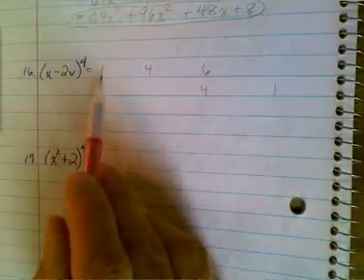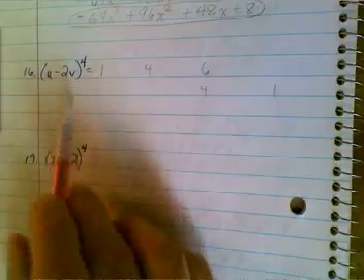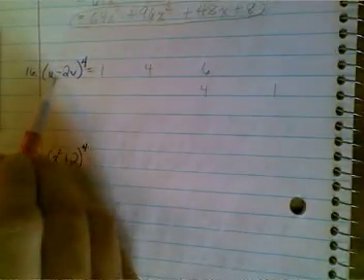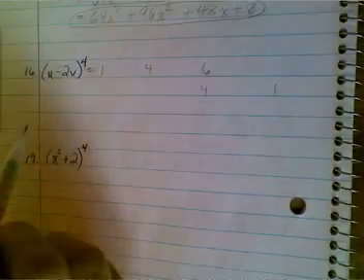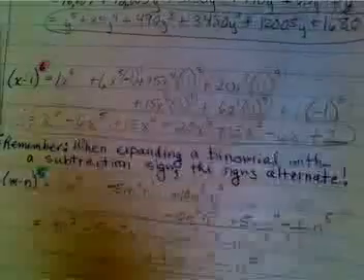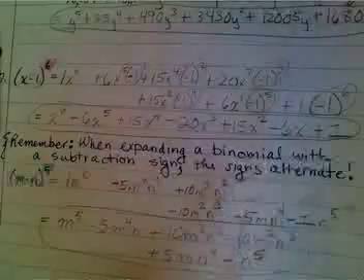So, anyways, now you take the first number. Oh, I'm sorry. You might consider looking at the sign. See how I have a minus sign? Well, that implies that all the signs are going to alternate, if you remember the note that we looked at earlier. Remember we said when expanding a binomial with a subtraction sign, the signs alternate.